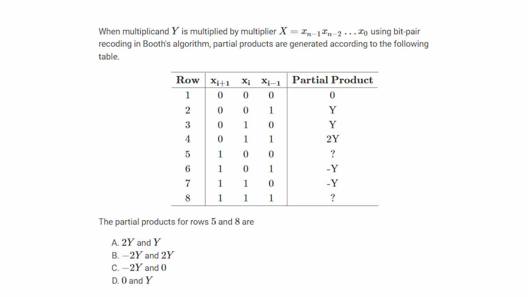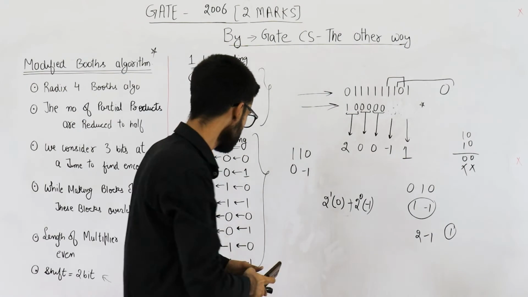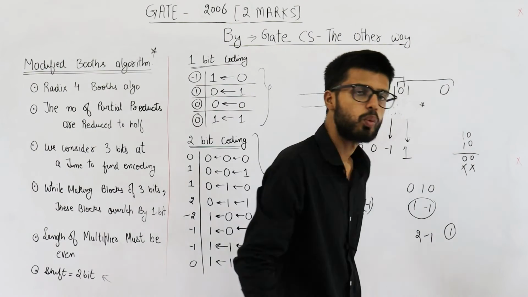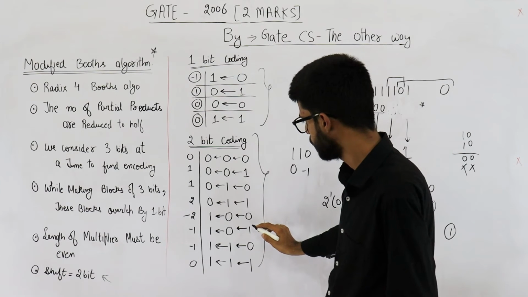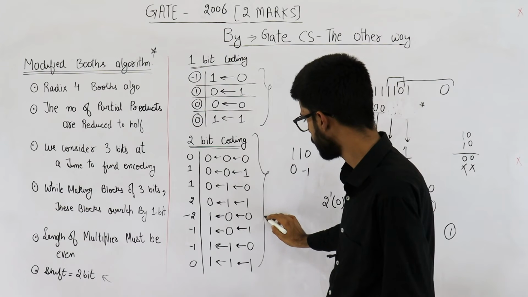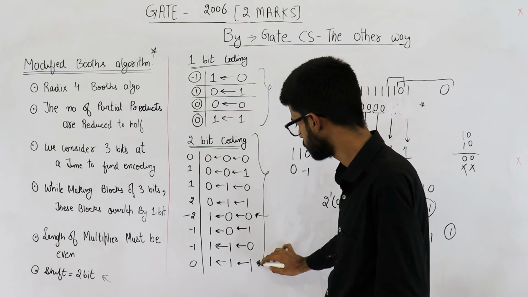The partial products for row 5 and 8 are, row 5 is 100 and row 8 is 111. Okay. So they're asking what will be the partial product for 100. That means for this row and for the last row.